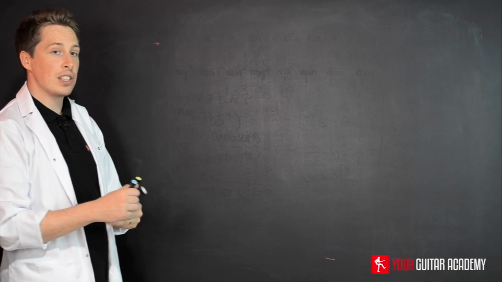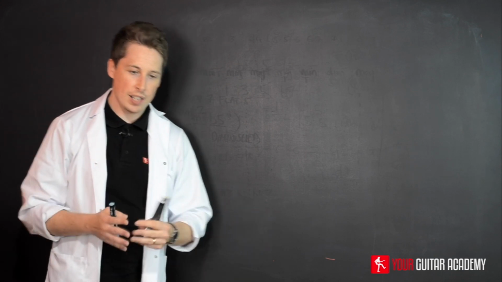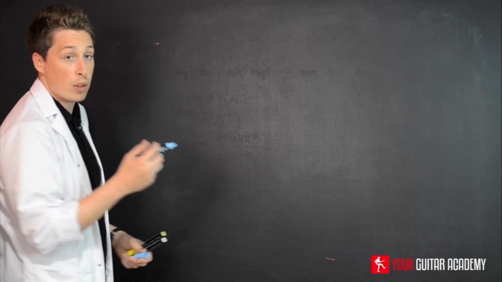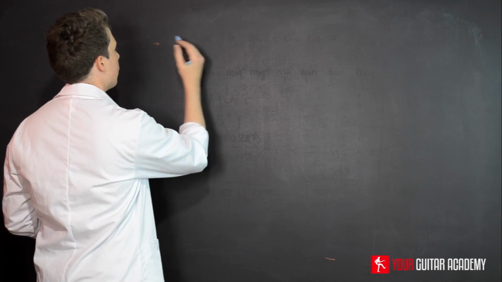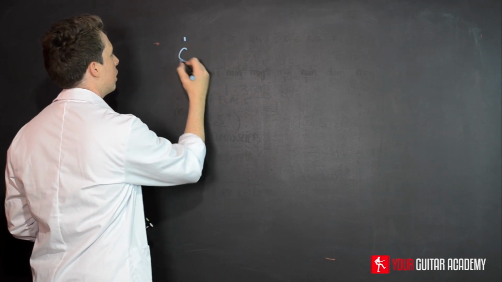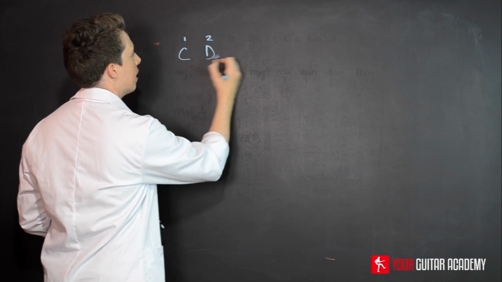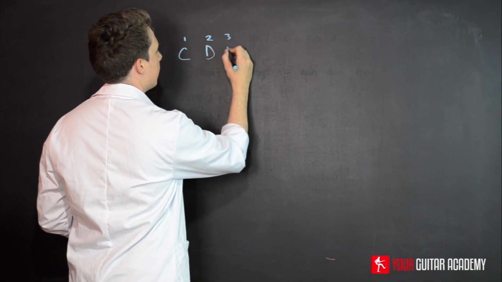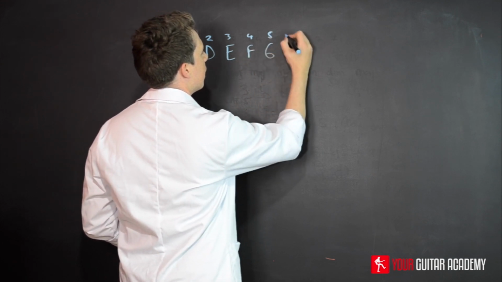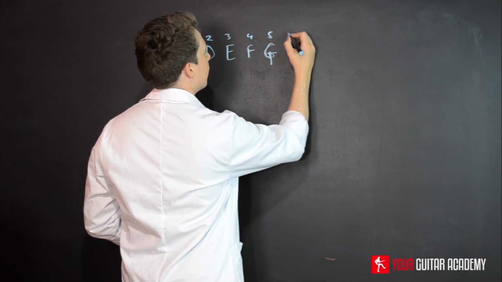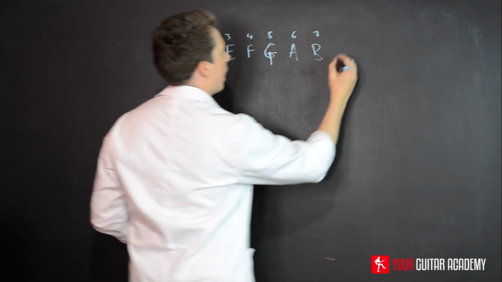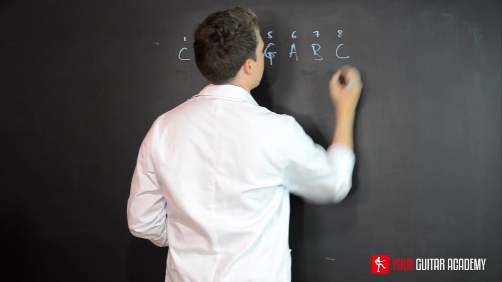So, here we go. First things first, we're going to be doing this based on a nice, comfortable scale, C major. So the first thing I'm going to be doing here is writing out the C major scale. I want to really importantly put the numbers above it here. So 1 is C, 2 is D, 3 is E, 4 is F, 5 is G, 6 is A, 7 is B, and 8, we've got C, okay?